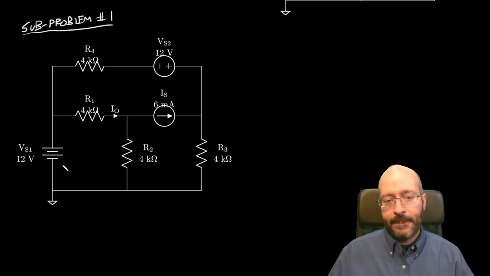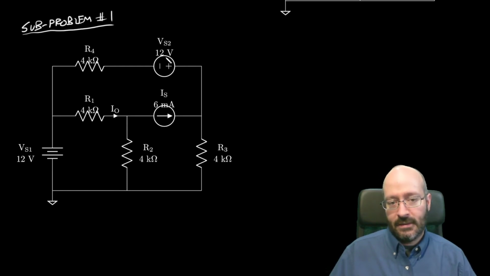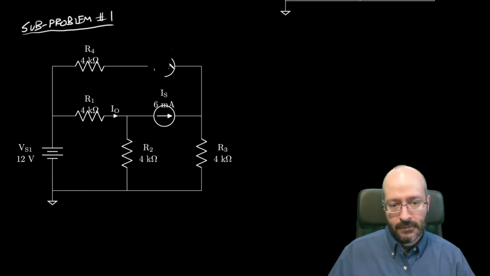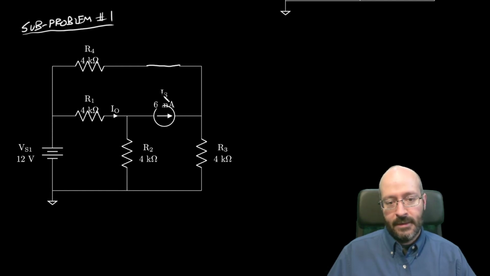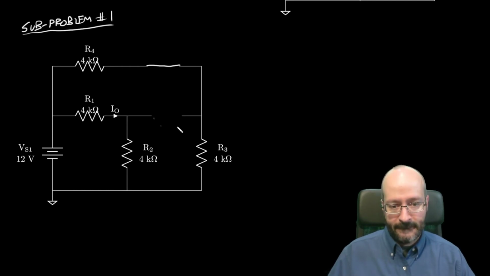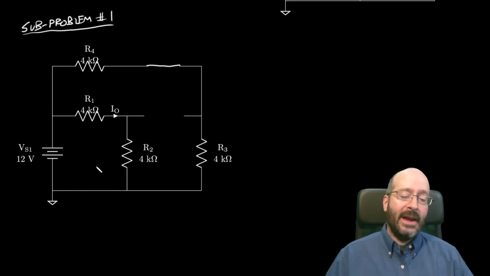You're in good shape. We replace the other independent supplies with their ideal resistances. So I take those out. That one's a voltage supply, so it's going to get replaced with a short. This one's a current supply, so it gets left open. Okay, and then we go analyze it.